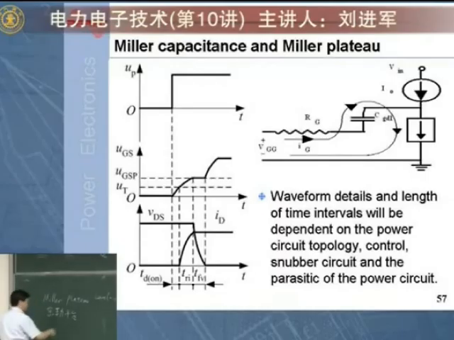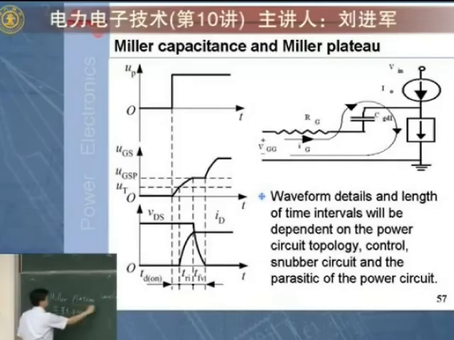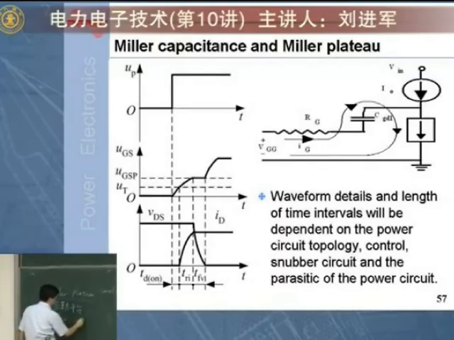The reason for this constant gate source voltage interval is the Miller capacitance. This Miller plateau is really because of the Miller capacitance.